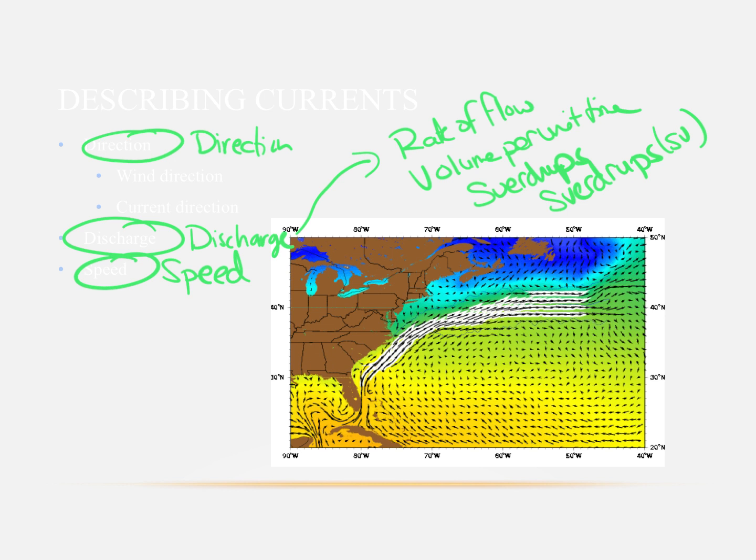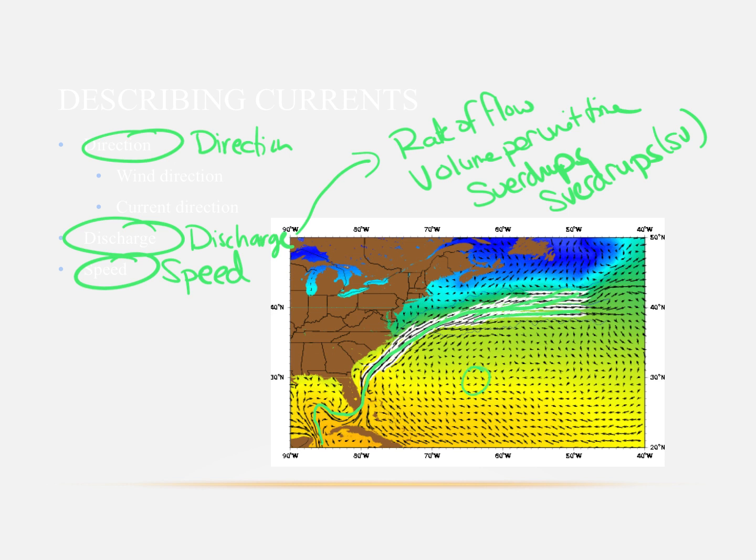So for speed, we tend to show this graphically. So here you can see this white is the fastest, and it has the longest arrows. So you can really see there's a really fast current that's flying right through here, and it sort of spreads out a lot in this area. Whereas in these areas, there's very little current.